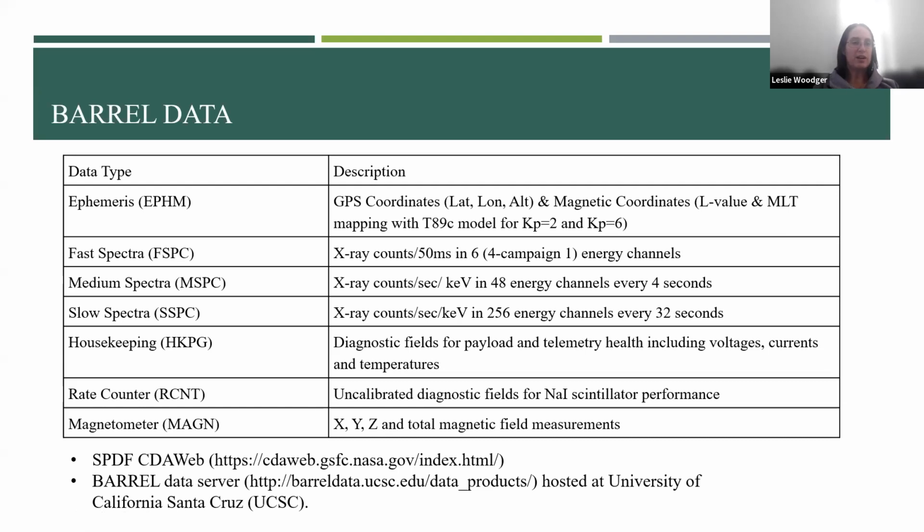So you have an ephemeris file, you have fast spectral data, which is X-ray counts per 50 milliseconds in 4 energy channels, a medium spectral data and a slow spectral data. So these are a trade-off in time resolution and energy resolution, depending on what type of precipitation you're looking at, whether it's a fast precipitation event like a microburst or something a little bit slower like a relativistic precipitation event.